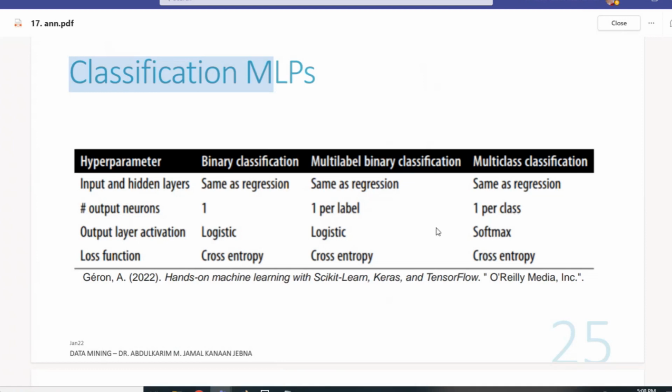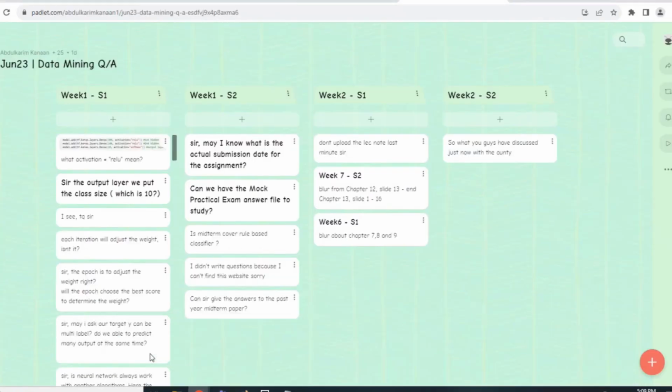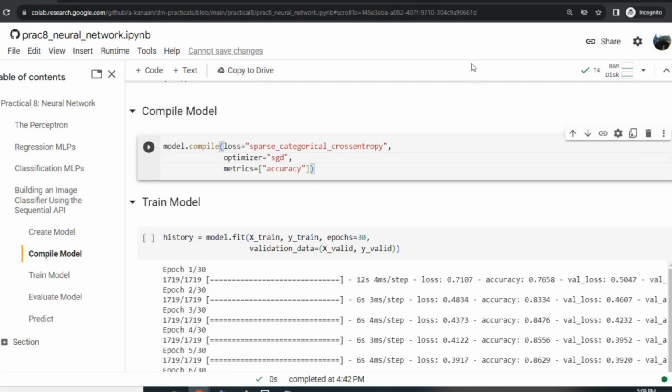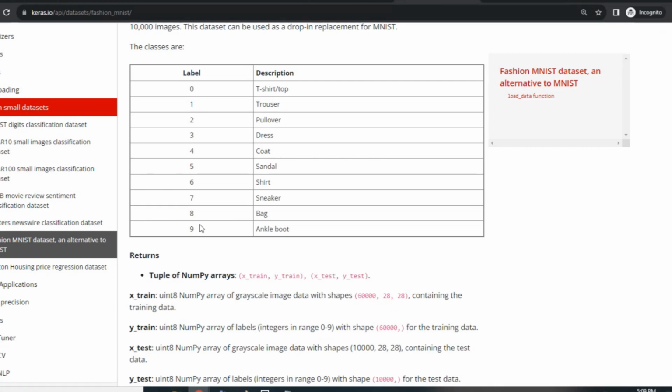How many classes we have in this problem? We have 10 classes. Again, if you don't remember, you can check the description for the data set. This data set has 10 classes. You see, the classes are 0, 1, 2, 3, up to 10. We have single label with 10 classes. Since we have 10 classes, the number of output neurons must be 10.